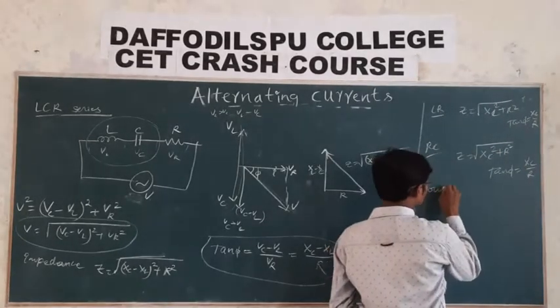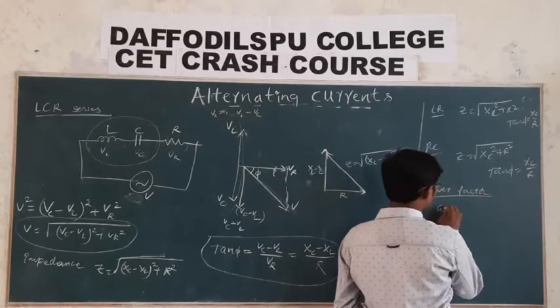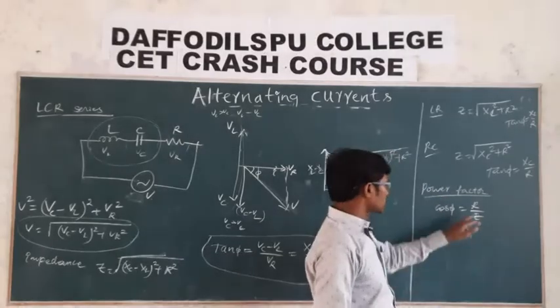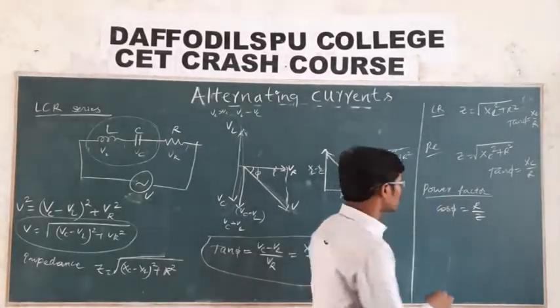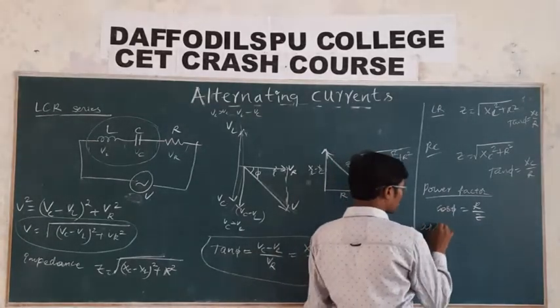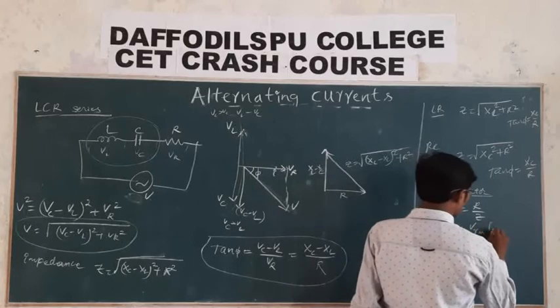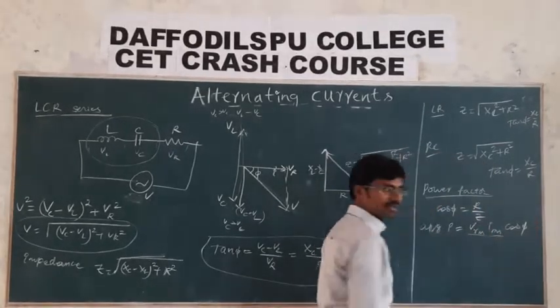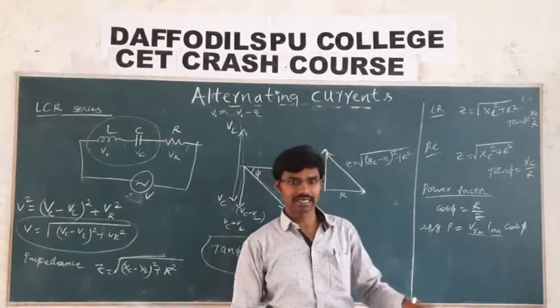Power factor is equal to cos phi, which is equal to R by Z, where R is the resistance and Z is the impedance of the circuit. Then the average power P is equal to Vrms into Irms into cos phi, where Vrms into Irms is called the virtual or apparent power.